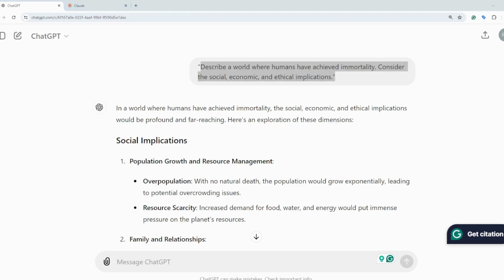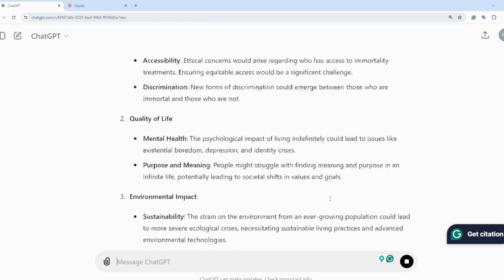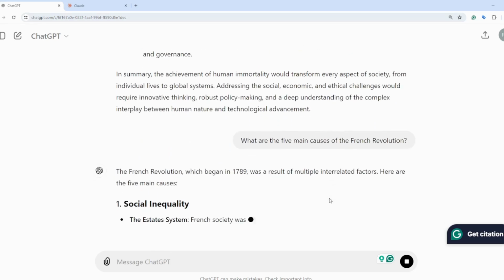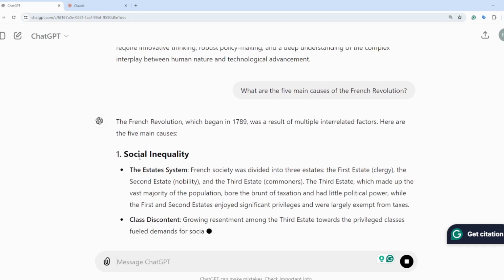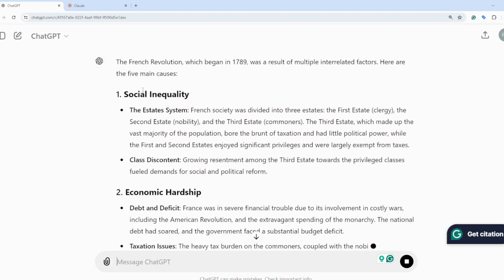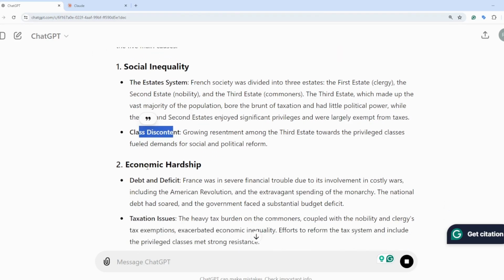The second one we will talk about is the close-ended prompt. In this one: what are the 5 main causes of the French Revolution? This is close-ended, as we have limited the output to the 5 main causes. Let's see what it gives us. The first one is social inequality, which is subdivided into estate system, class discontent and economic hardship.